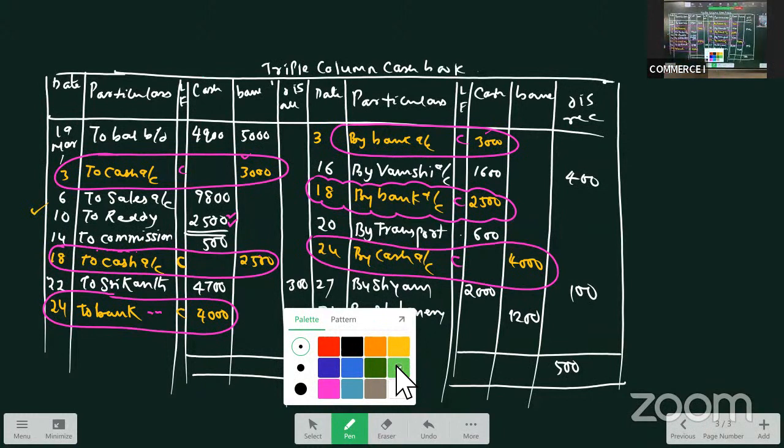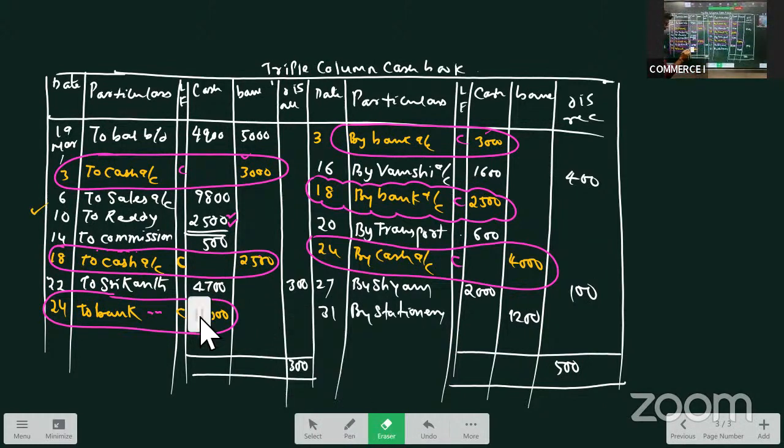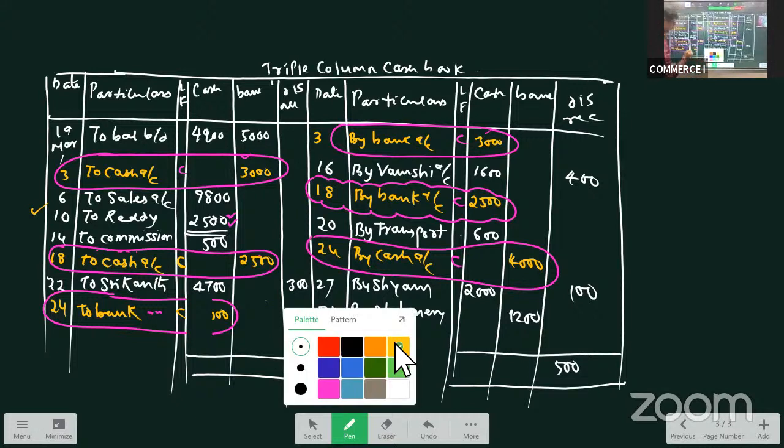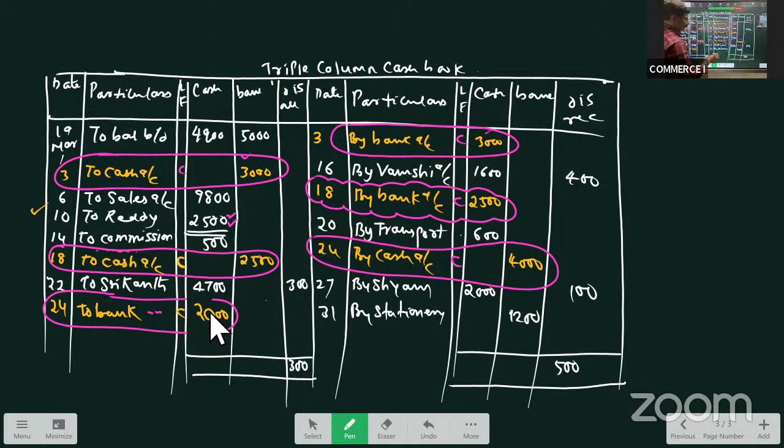What is the total? 4,900, 9,800, 2,500, 2,075, drawn from bank, withdrawn from bank is 2,000.